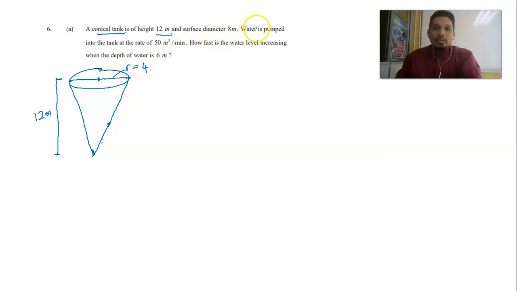The water is pumped into the tank. So we fill water into this tank at a rate of 50 meter cube per minute.